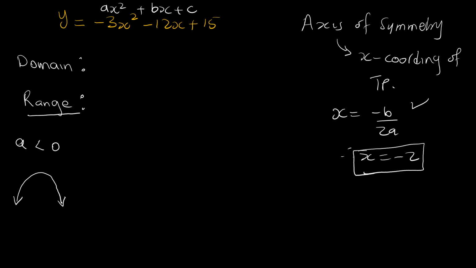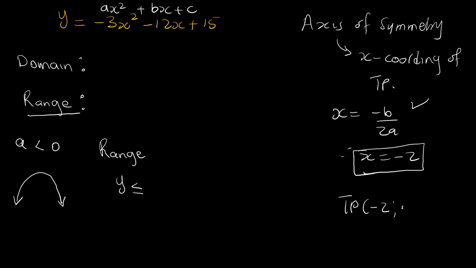So when you find the range, y must be less than or equal to the y coordinate of your TP. Remember, we had our turning point as minus 2 and what? Minus 2 and 27. Was it positive 27?